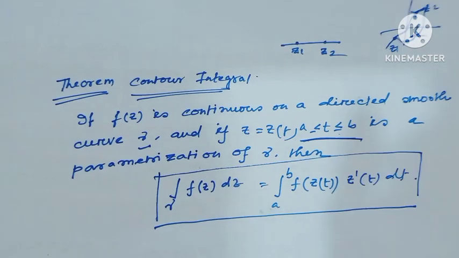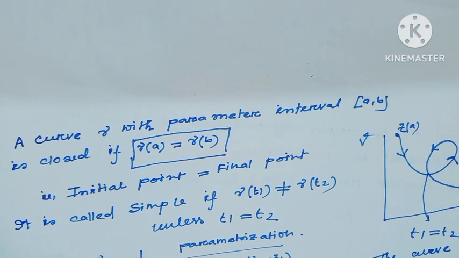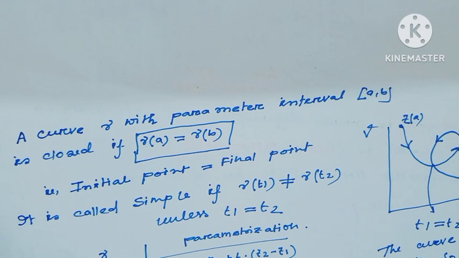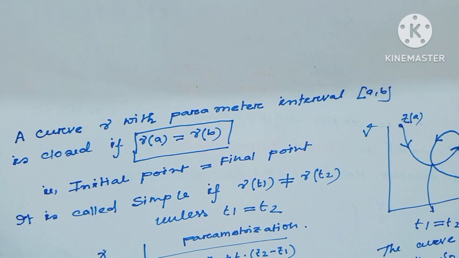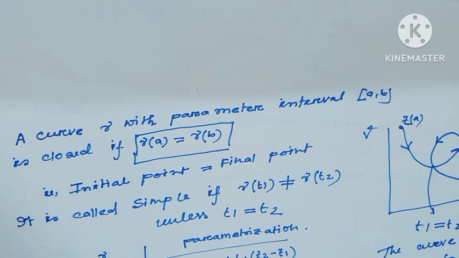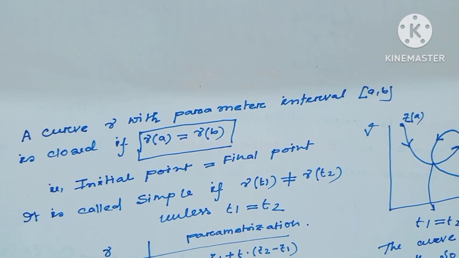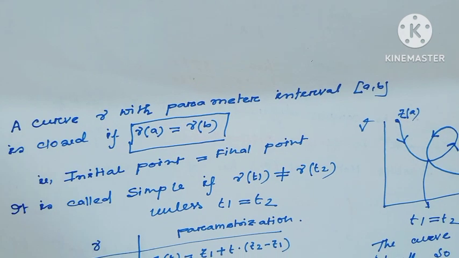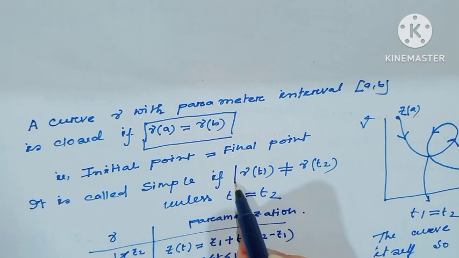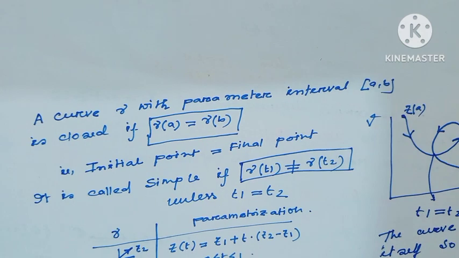And a curve gamma with parameter interval [a, b] is closed if gamma(a) equals gamma(b), that means if the initial point is equal to the final point, then the curve is called a closed curve, and a curve is called simple if gamma(t1) is not equal to gamma(t2) unless t1 equals t2.